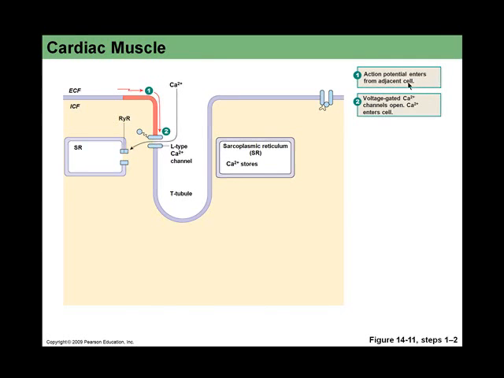We'll get to autorhythmicity a bit later, but every cardiac muscle cell membrane has leaky sodium channels, is what they are, and they will produce the transient type of membrane potential as we saw with the smooth muscle.